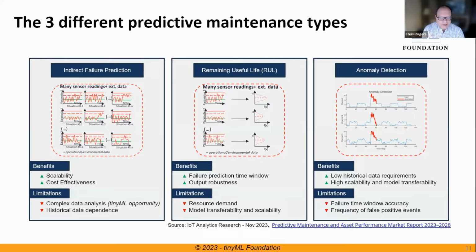In the next box here, we have remaining useful life. This is all about taking those sensors and doing often regression models as opposed to classification to predict a confidence interval for the useful life of the machinery, based on extrapolating out the sensor parameters that you see and determining when you're going to have a failure point. The benefits are that we have a much better understanding of when to provide maintenance rather than just a calendar-based approach to preventive maintenance.